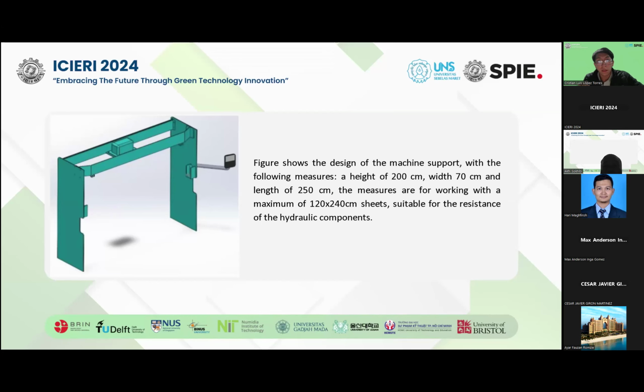Now let's look at the machine's physical design. The machine stands 200 centimeters tall, 70 centimeters wide, and 250 centimeters long, with a capacity to handle metal sheets up to 120 by 240 centimeters.